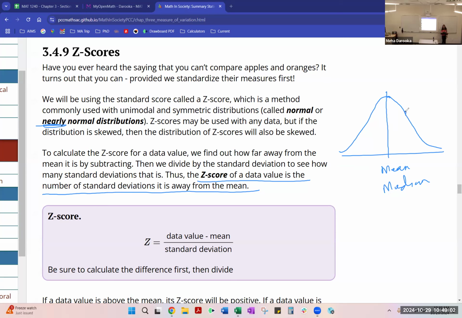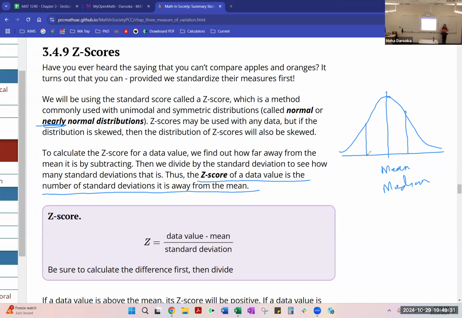So if your standard deviation came out to be 2.37 or whatever, depending on the set you are looking at, then when calculating the z-score, we want to know how many standard deviations you are away from the mean. Are you one full standard deviation away, or anything in between? You could be half a standard deviation away, you could be 0.75, or you could even be more than 1, 2, or 3 standard deviations away.